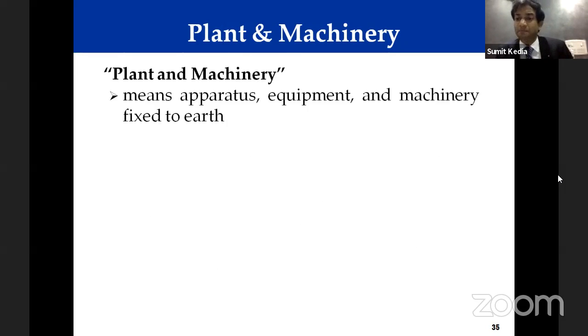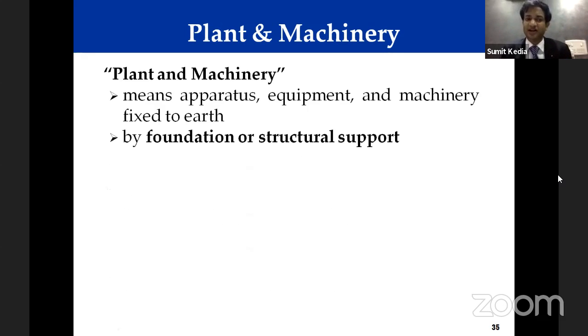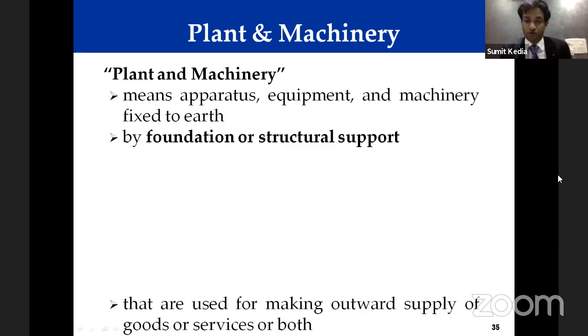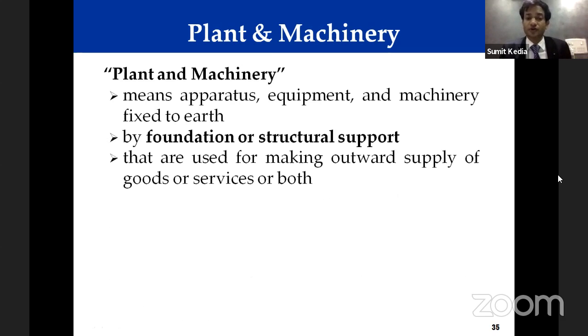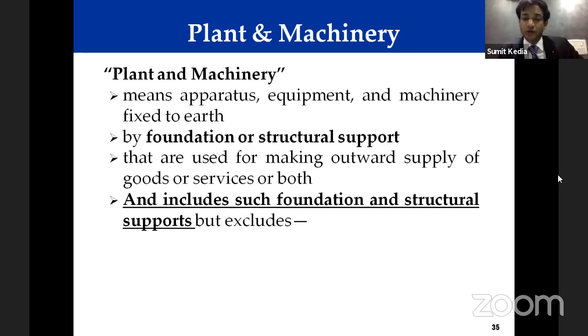Now we discuss that if it is for plant and machinery, ITC will be allowed. So let's discuss what is plant and machinery. It is defined as: plant and machinery means apparatus, equipment and machinery fixed to earth by foundation or structural support that are used for making outward supply of goods or services or both, and includes foundation or structural support also.